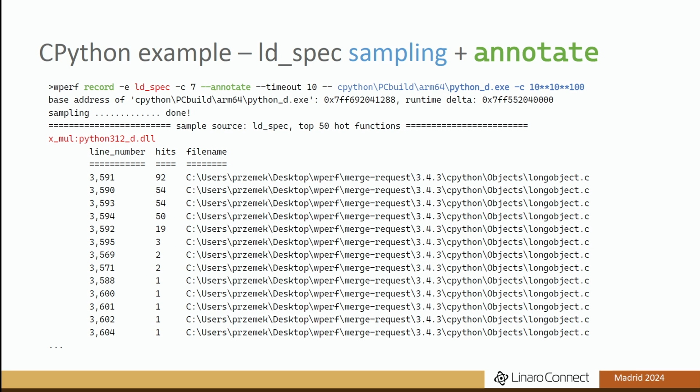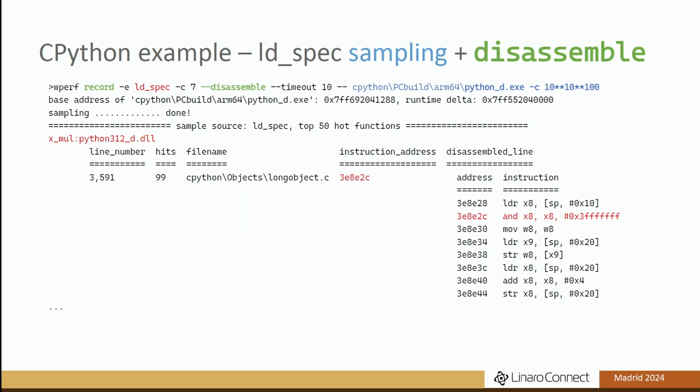And we see in longobject.c there is this function, this symbol called x_mul in this library, in this executable. So we can go directly to the source code and have a look, but we can also do something else. We get information like this for all the other symbols that are available.